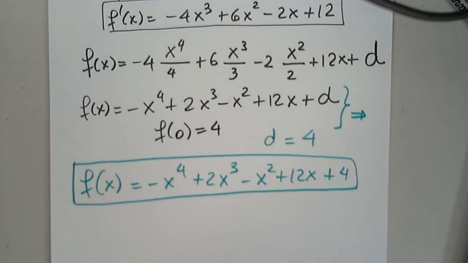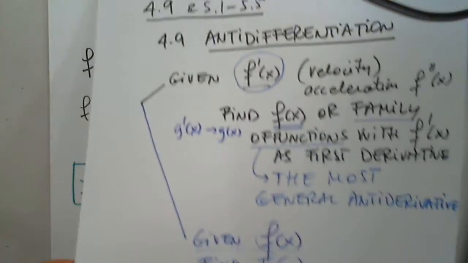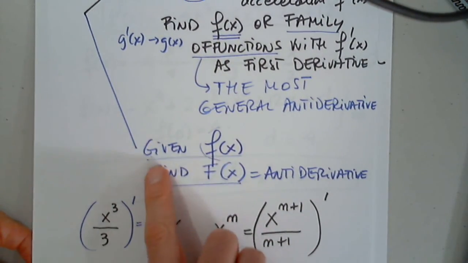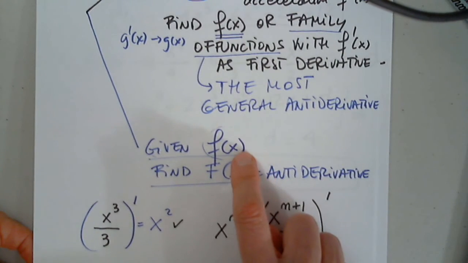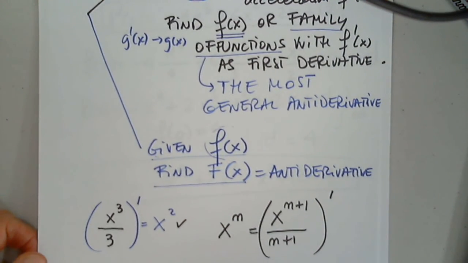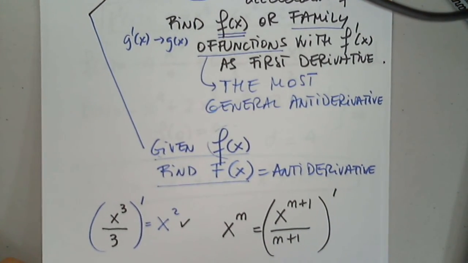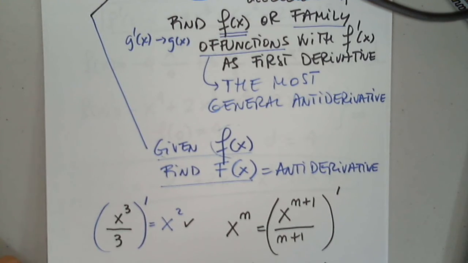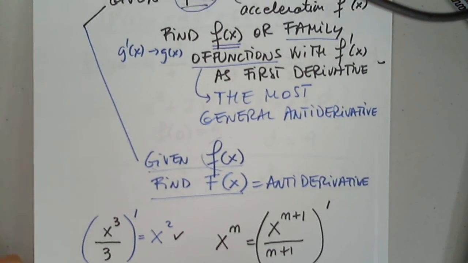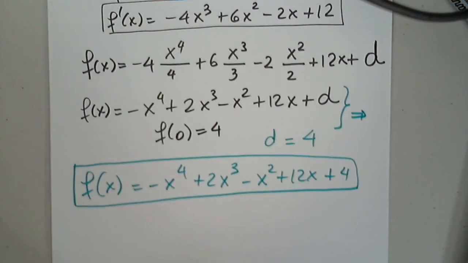That is when the given function is f, not f prime. So when the given function is given to us in the notation of f of x, then we are determining uppercase F of x. This is for being consistent with the fundamental theorem of calculus that we will talk about in chapter 5. Other questions here?